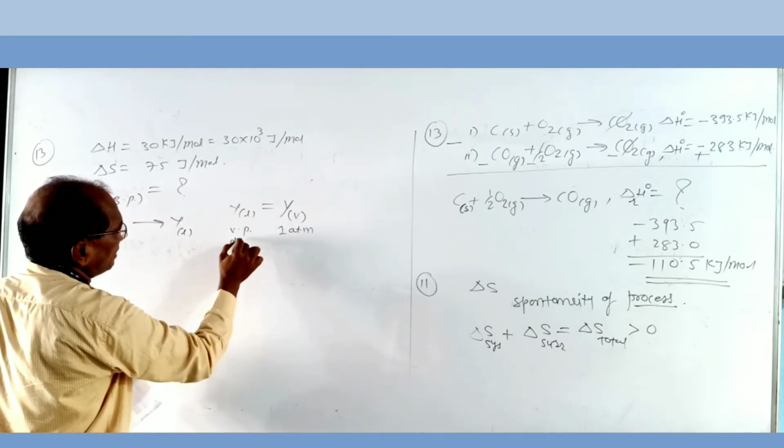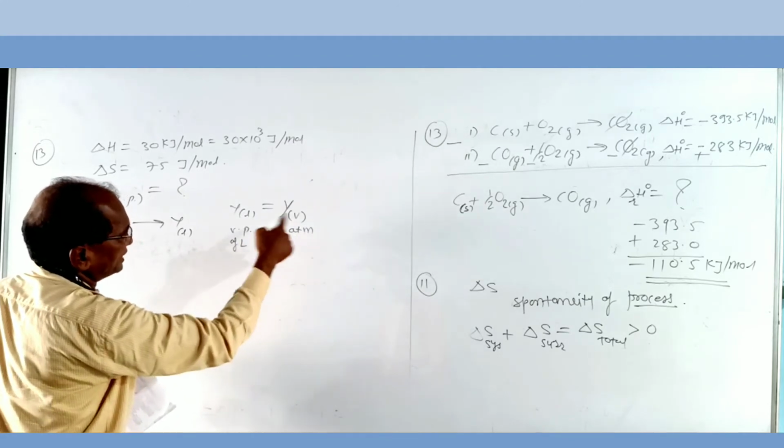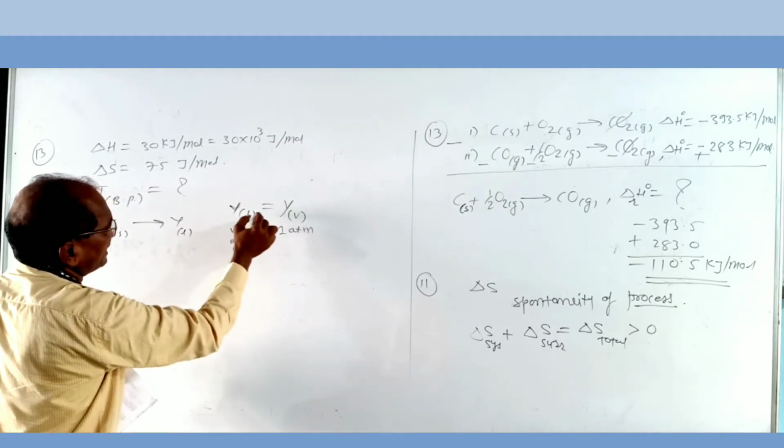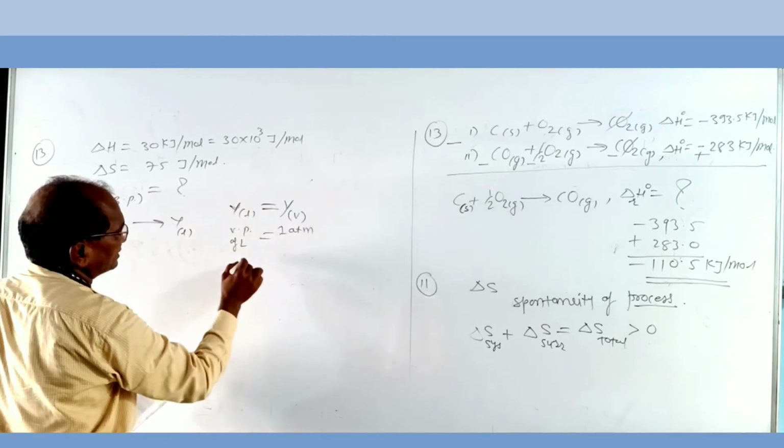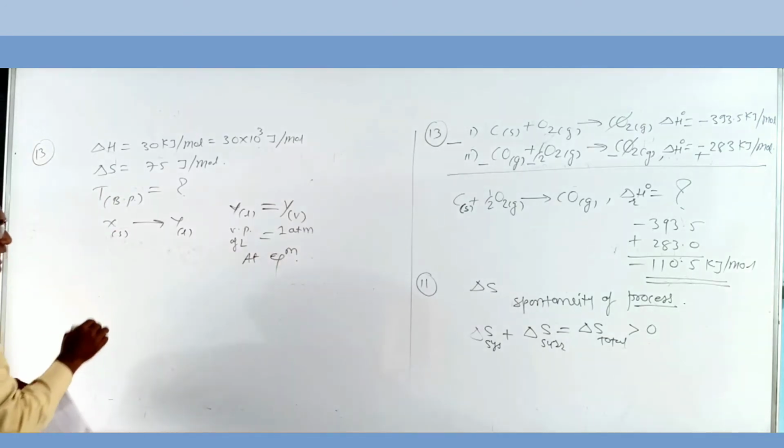Vapor pressure of the liquid is equal to atmospheric pressure. It means the Y liquid is in equilibrium with Y vapor. That is, the process is at equilibrium.